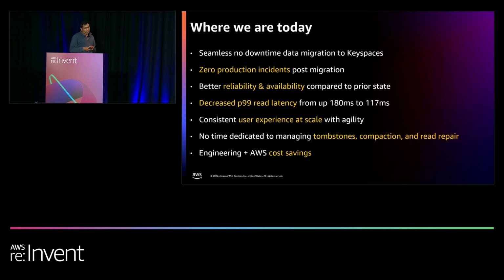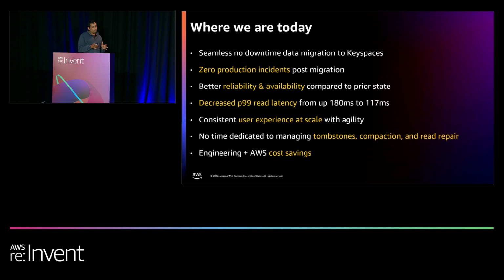Okay, where we are today. We have been fully live on Keyspaces for the last 1 year. We have had 0 production incidents post-migration to Keyspaces, specifically around our persistence layer. This was a huge feather in the cap for our team, primarily because the database layer used to be our single biggest contributor to all of our production incidents.